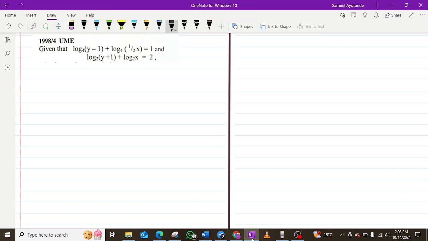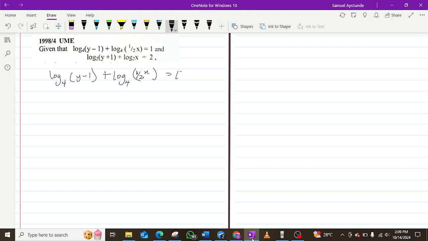Both are logarithm equations. So I have log base 4 of (y minus 1) plus log base 4 of (1 over 2x) equals 1.